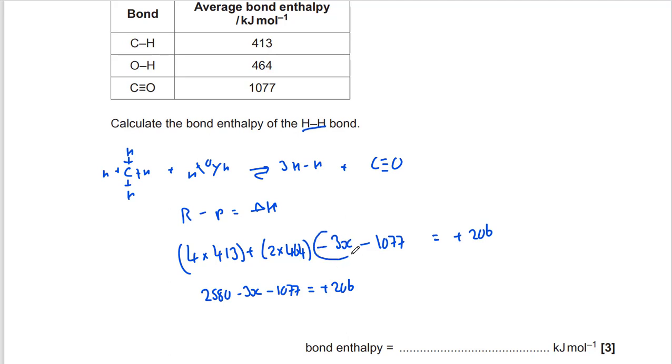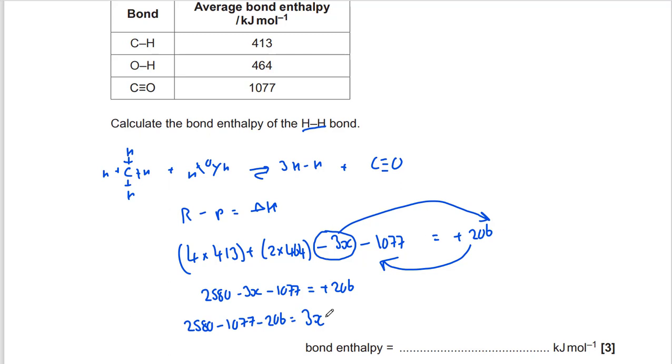So I'm going to take the minus x, shove it over the other side, and at the same time, move this plus 206 onto the other side. So that means that 2580 minus 1077 minus 206 equals 3x. We can simplify this down quite substantially now.